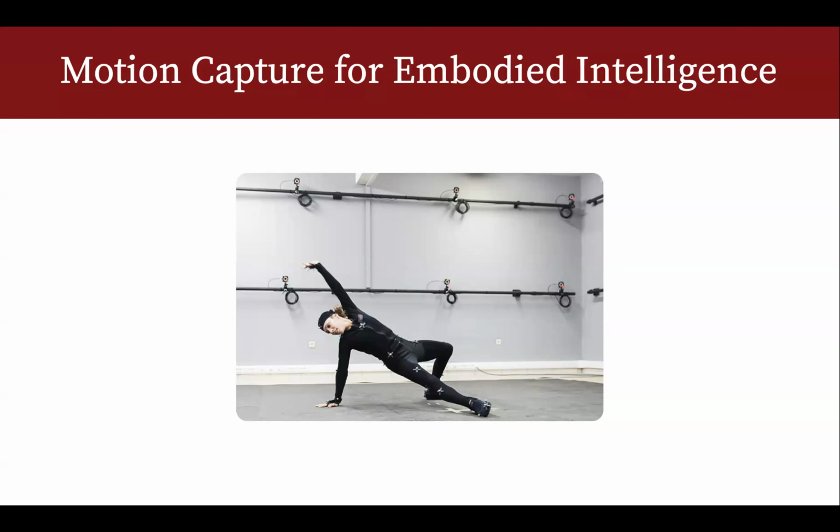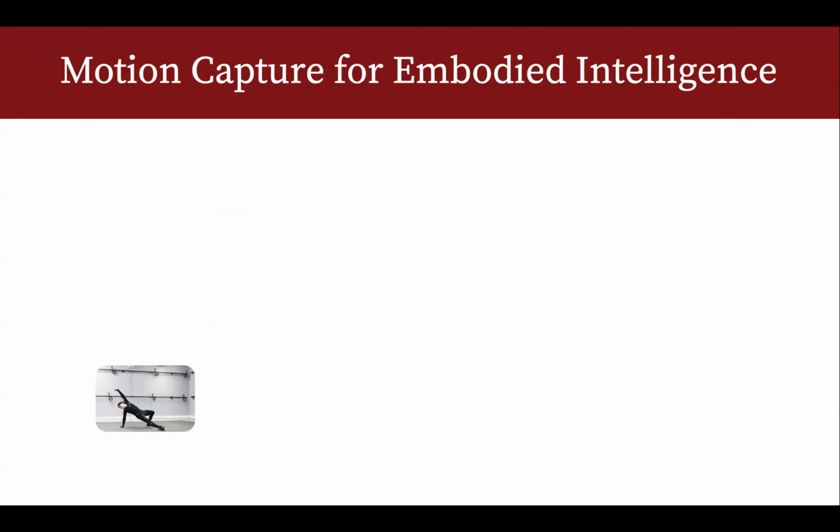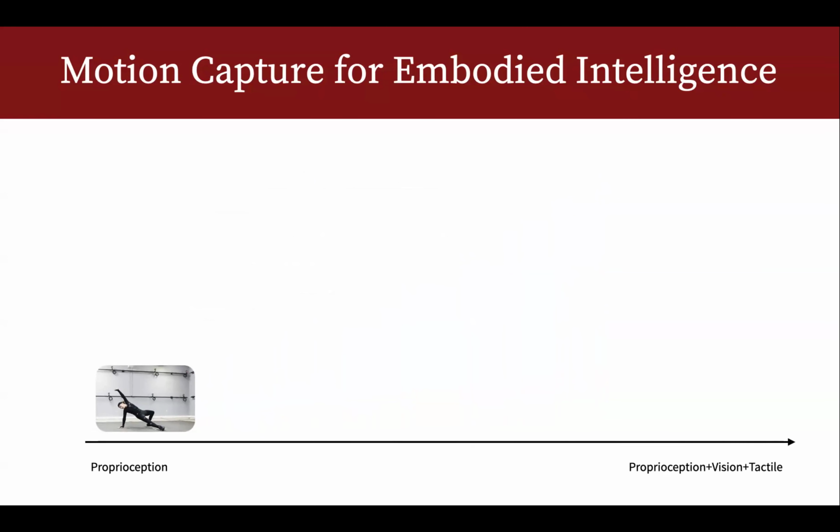We know what a person is doing, but we don't know why the person is doing these actions. In other words, we know how to record proprioception, but we don't know how to record other modalities of perception like vision or tactile sensing. So that's the first issue we need to address when we talk about data collection today.